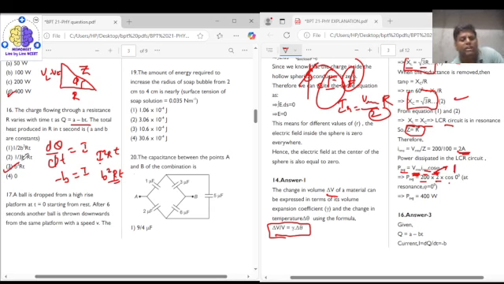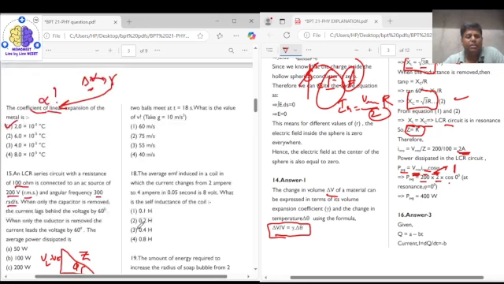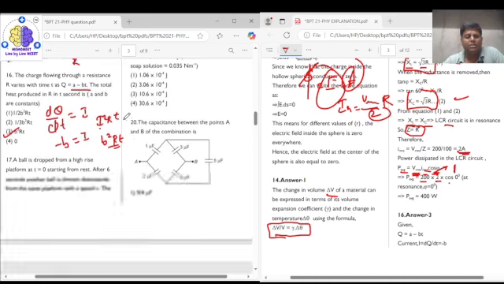Now coming to question number 17. A ball is dropped from a high rise platform at t = 0 seconds, starting from rest. After 6 seconds, another ball is thrown downwards from the same platform with a speed of v. Two balls meet at 18 seconds. What is the value of v?